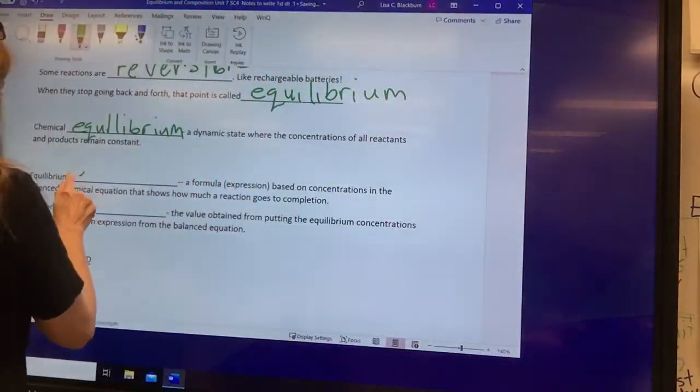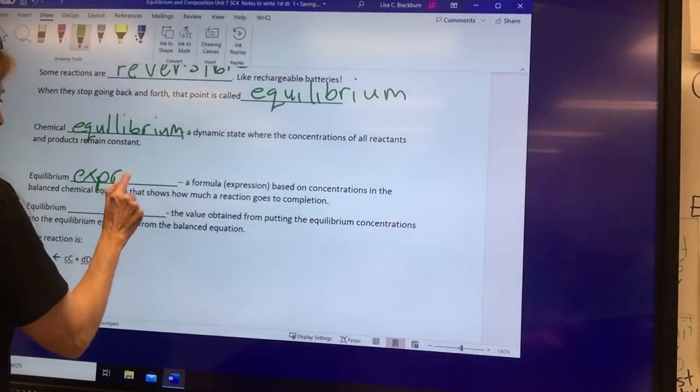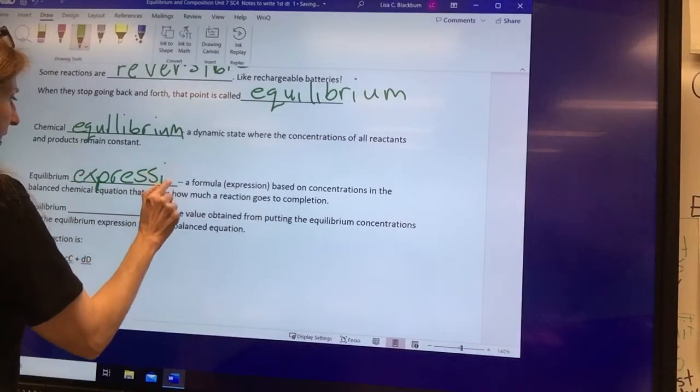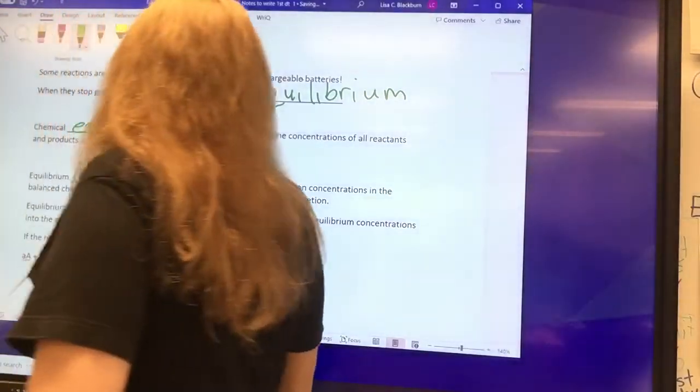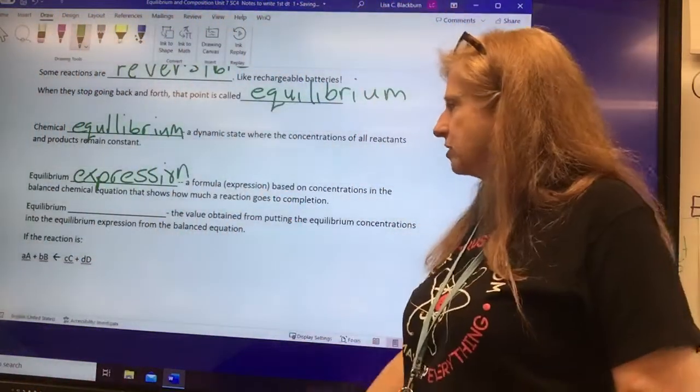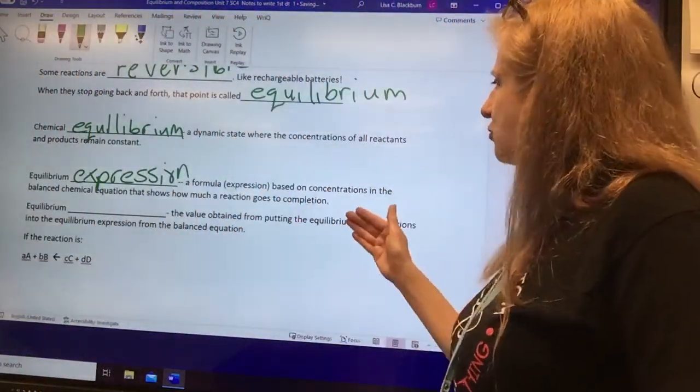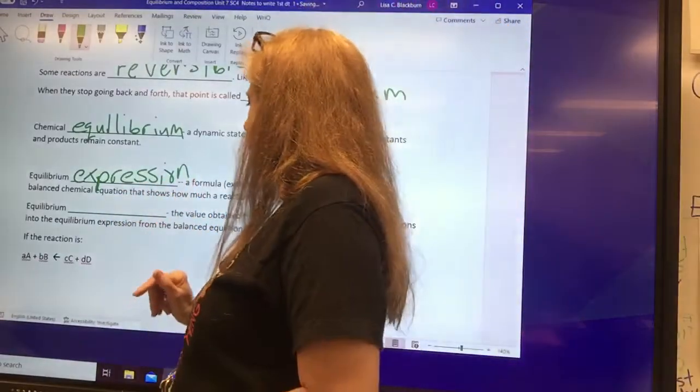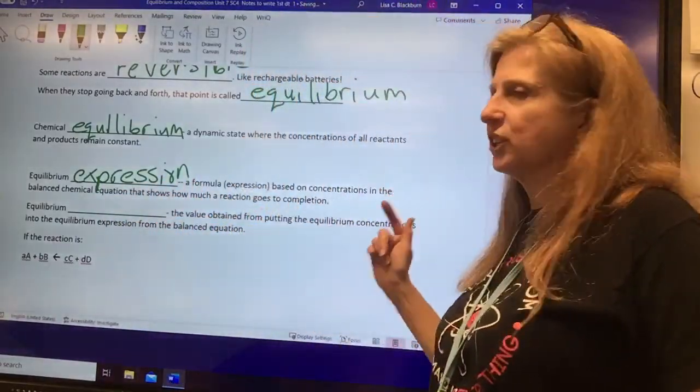Equilibrium expression is a formula, formulas are sometimes called expressions, based on concentrations in the balanced chemical equation that shows how much a reaction goes to completion.